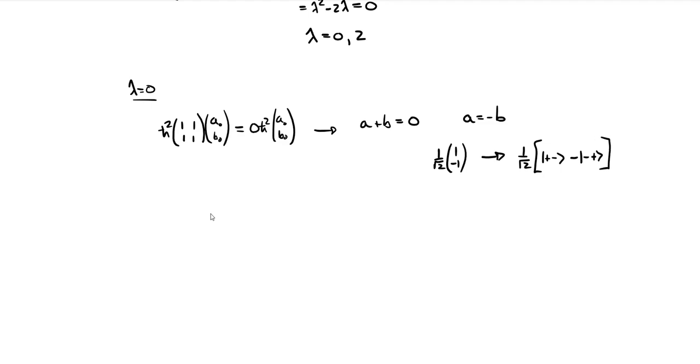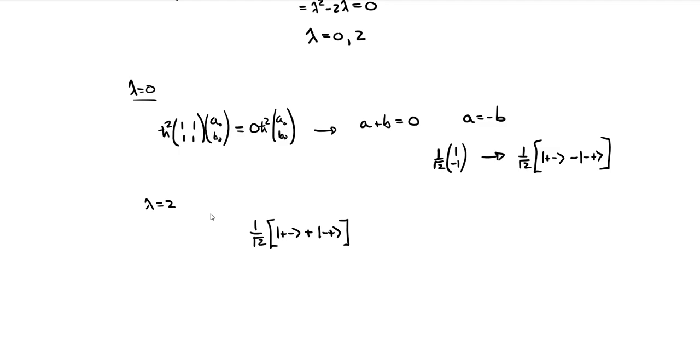It is that one. Similarly, we can do the same sort of thing for the eigenvalue lambda equals 2. If we go through that whole process, it tells us that the corresponding eigenvector for that one is plus minus plus minus plus. That's the normalized eigenvector.